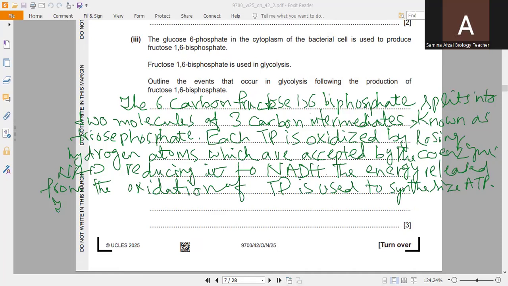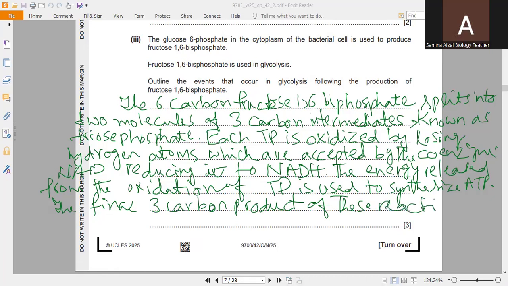The final three carbon product of these reactions is pyruvate, which then moves to the link reaction.